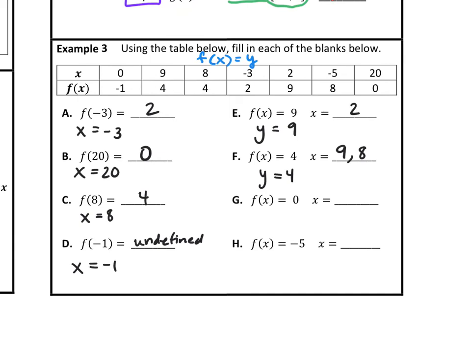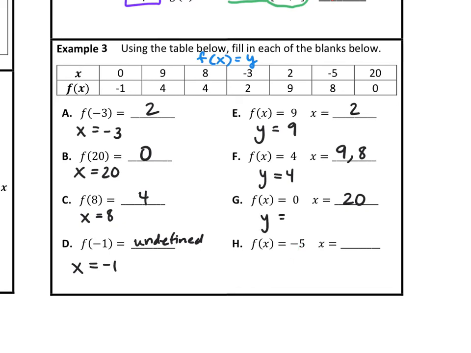Okay, next one. F of x equals 0. F of x, which of these is 0? It's the last one. And what x value does it correspond to? 20. And the last example is -5. Oh, sorry, I forgot to write for this.